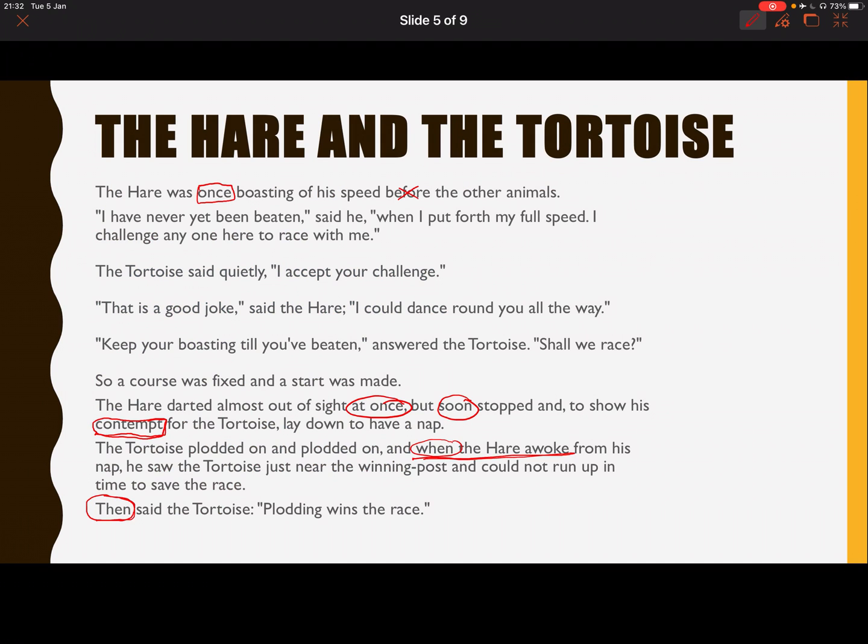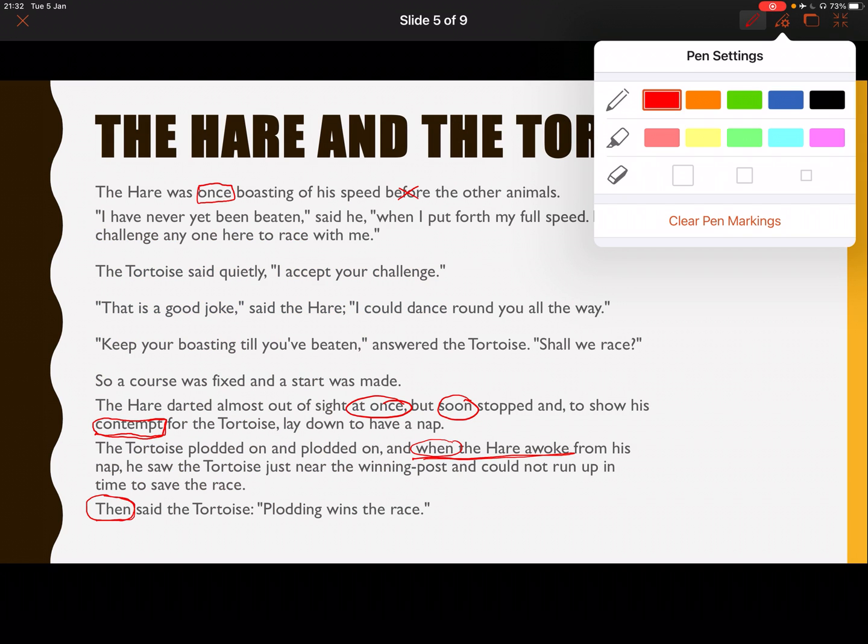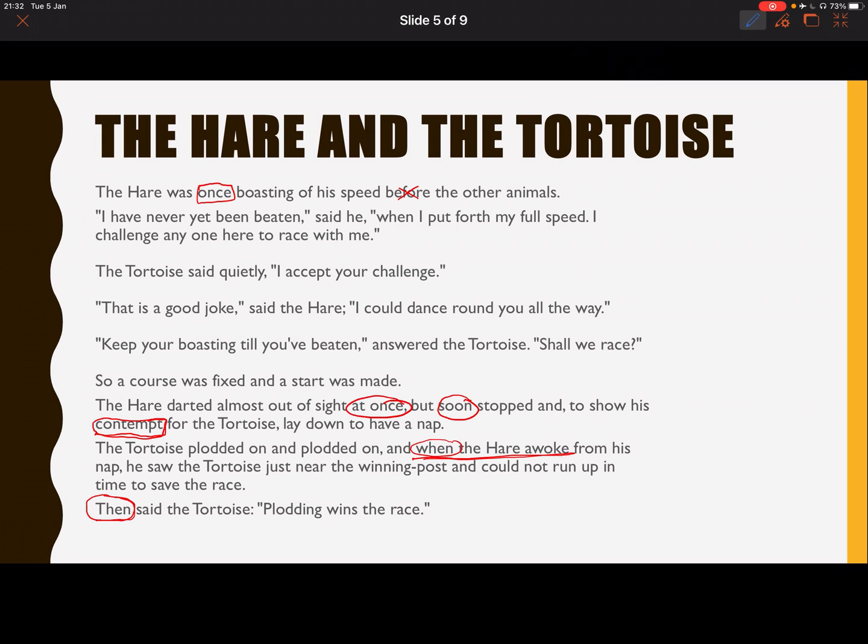Well, there's loads of examples I could give. What colour was that one? Blue. Have I got blue? I have got a blue. So we've got some dialogue here. This is the hare talking. And then we've got some here. This is a tortoise talking.